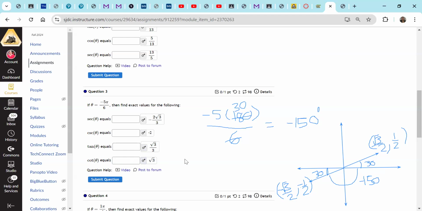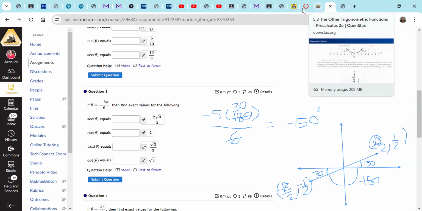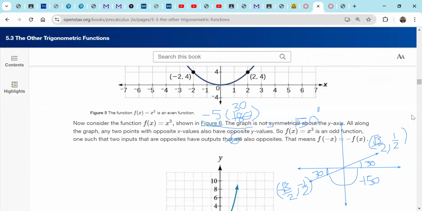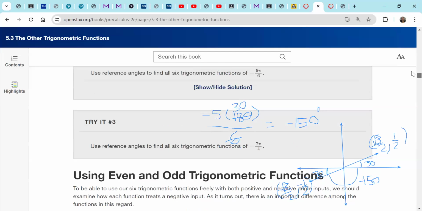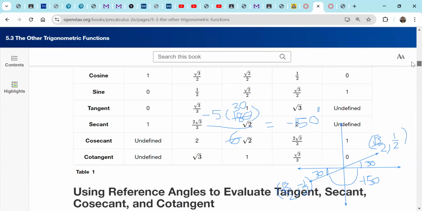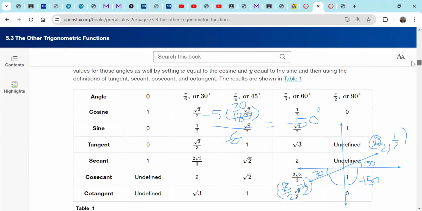You can read these values from the trig table also, which I showed you in the book, in case you forget how all the calculation went. You can go to this table, and we were looking for 30 degrees.